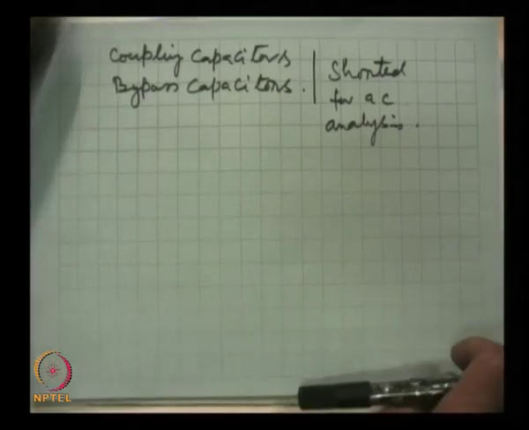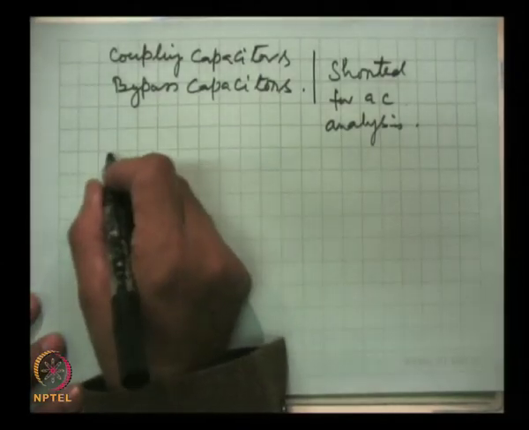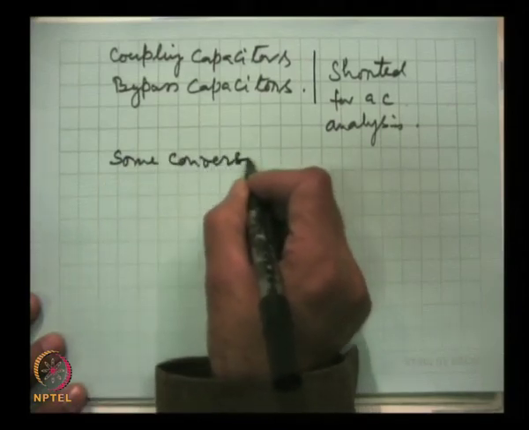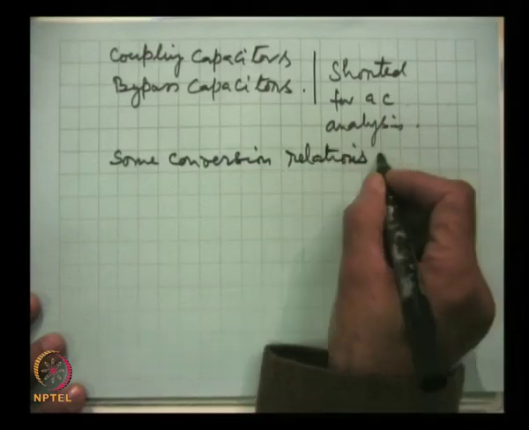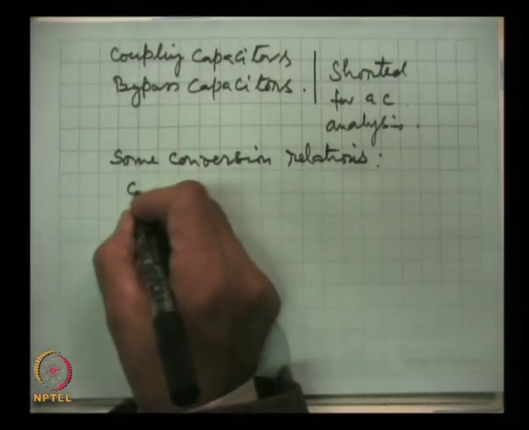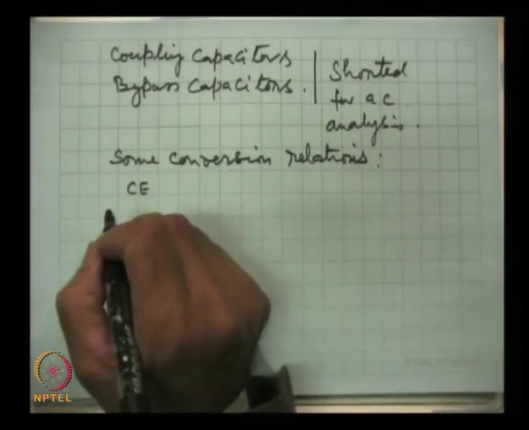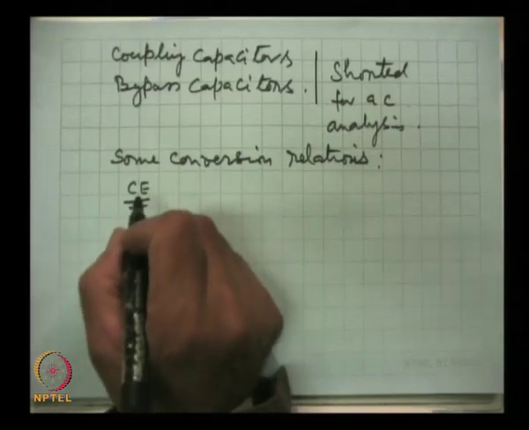Now, I give you first some conversion relations. I said that common emitter is the most widely used amplifier, and H parameters are provided by the manufacturer only for the CE circuit, common emitter circuit.